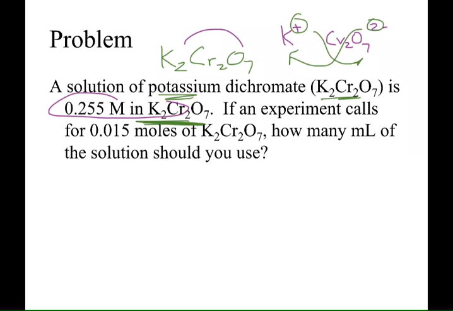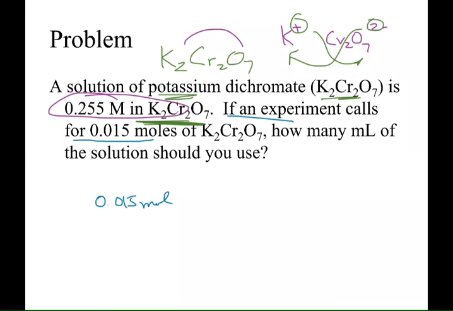Here in the next slide, I'm going to actually unpack that. And let's just see what we're after, though. It says an experiment calls for 0.015 moles of K2Cr2O7. So I'm going to put that 0.015 moles.